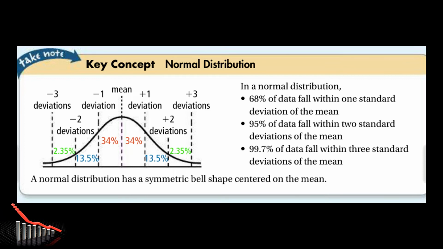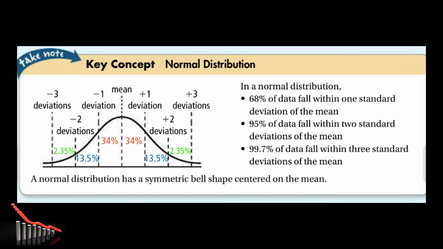So where do those 13.5s come from? Well, if you think about it, we take 95, take away the 68 we already knew about, and we have 27% left. Split the difference because we have that symmetry, and half of the 27 is 13.5.